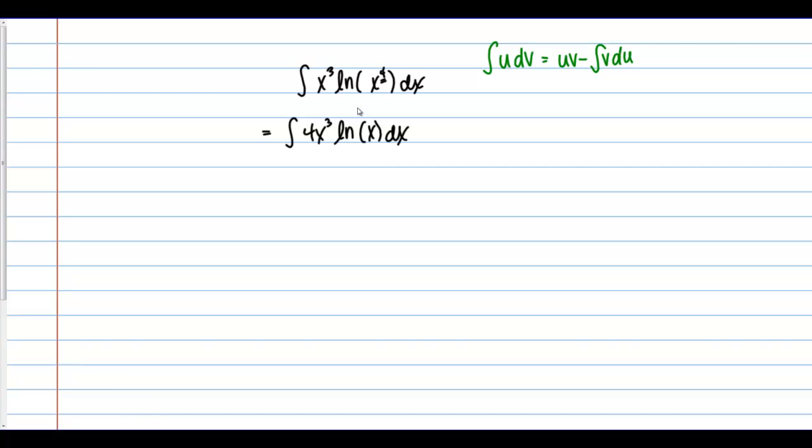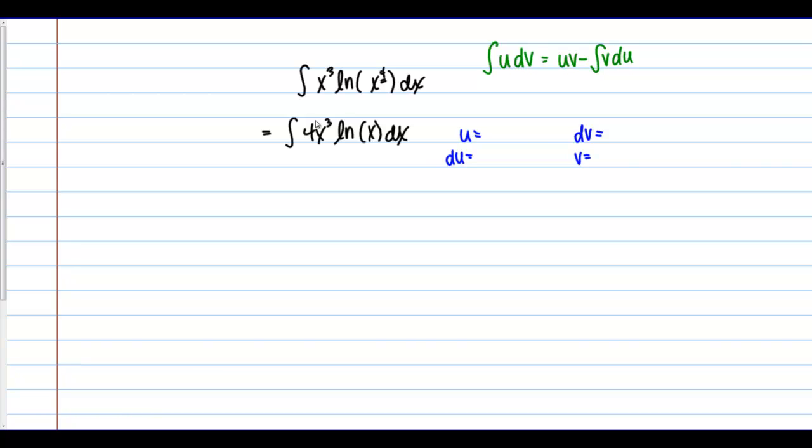Okay, so from this step, let's pick out what we want u to be and what we want dv to be. Keep in mind that whatever we pick for dv, we're going to have to integrate it, and whatever we pick for u, we're going to have to take its derivative.